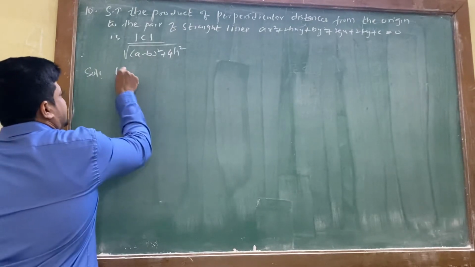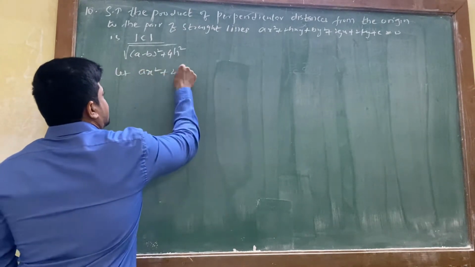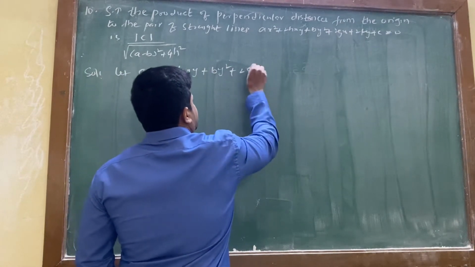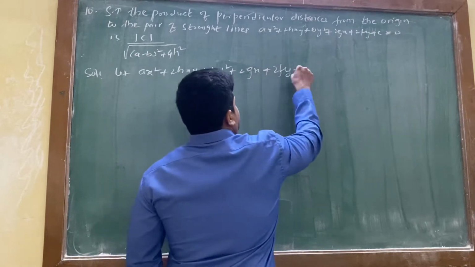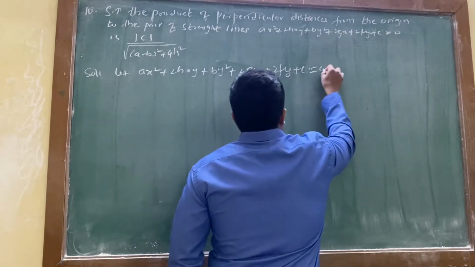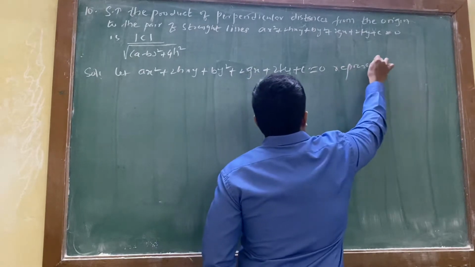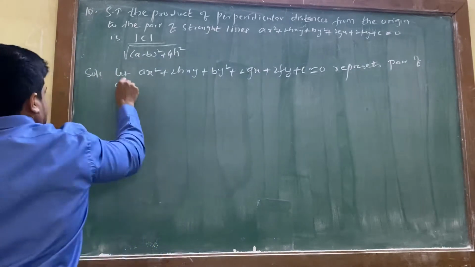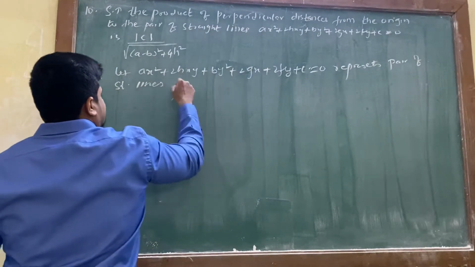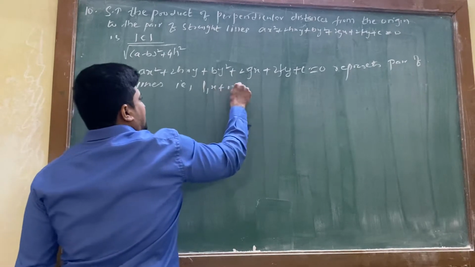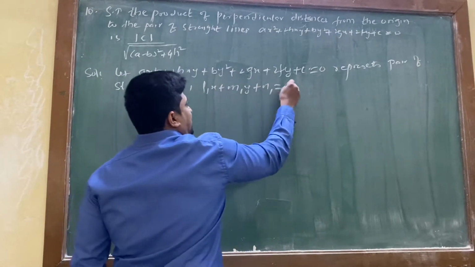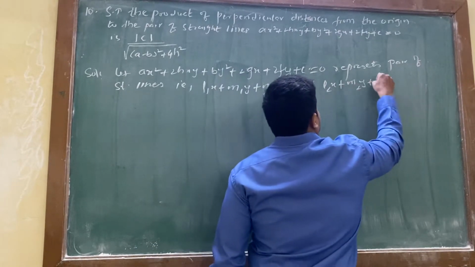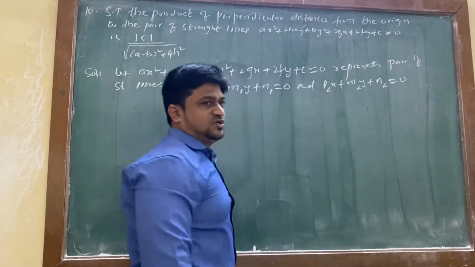let ax square plus 2hxy plus by square plus 2gx plus 2fy plus c equal to 0 represent a pair of straight lines, that is L1x plus M1y plus N1 equal to 0 and L2x plus M2y plus N2 is equal to 0.